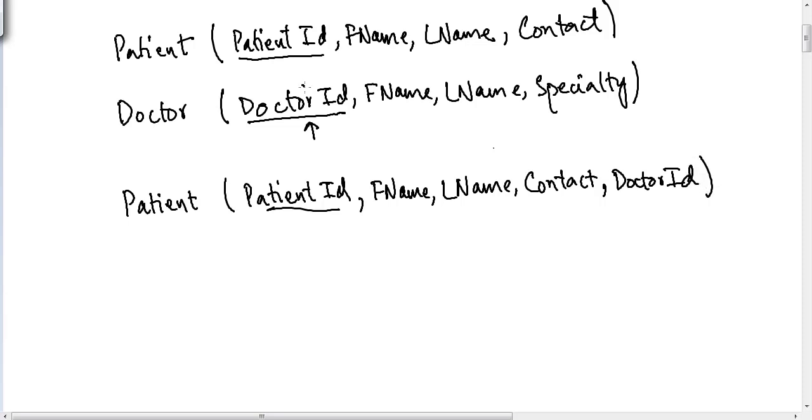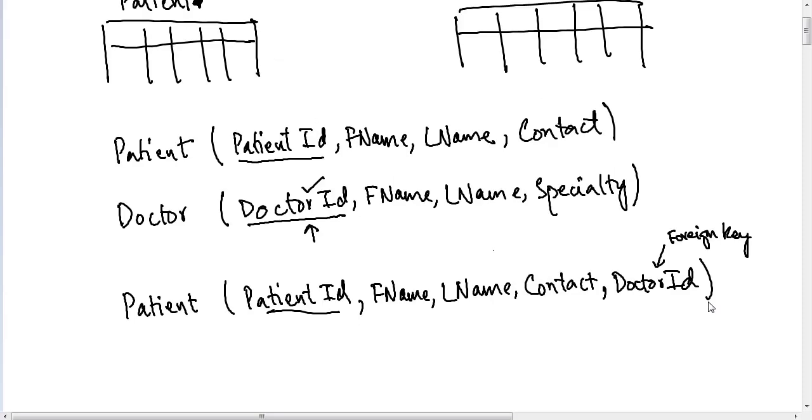Remember, doctor ID was the primary key in the doctor table, and now it has been added to the patient table, and here this key is acting as the foreign key. So the foreign key, that is the doctor ID, is being used to establish a link between the patient and the doctor table in this scenario.